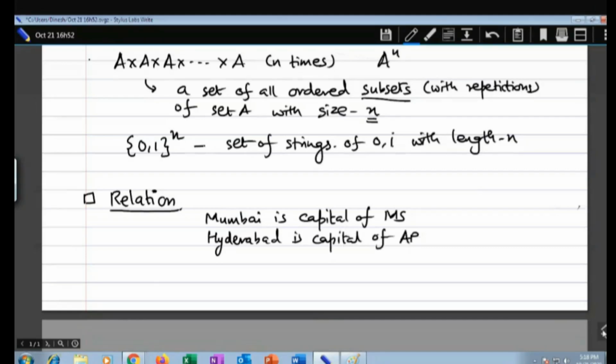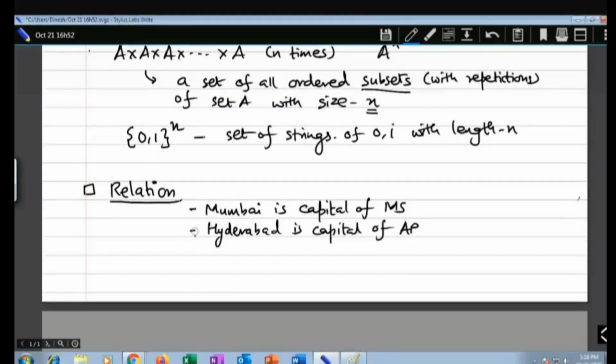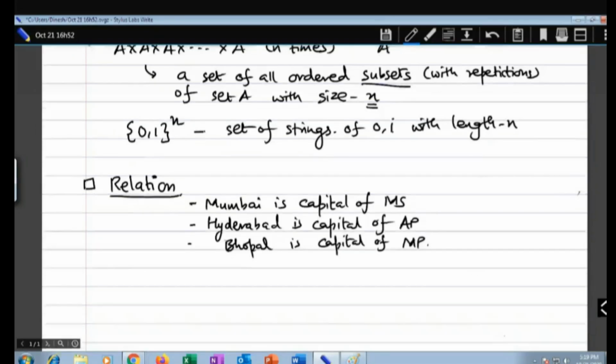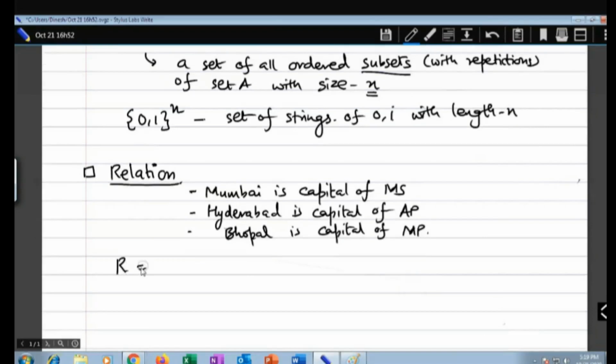For example, maybe Amaravati is there, but say Hyderabad. Say Bhopal is the capital of Madhya Pradesh, like this. Now, if we want to put a kind of relation, let R be the relation such that it is 'is capital of'.